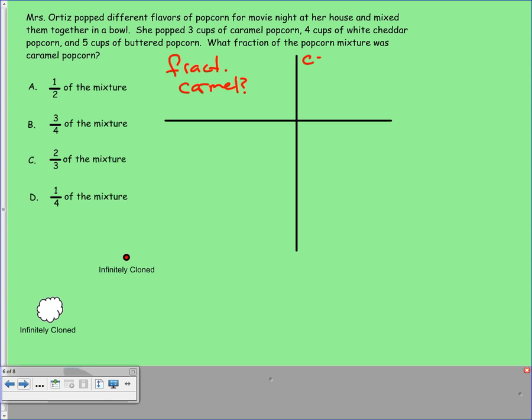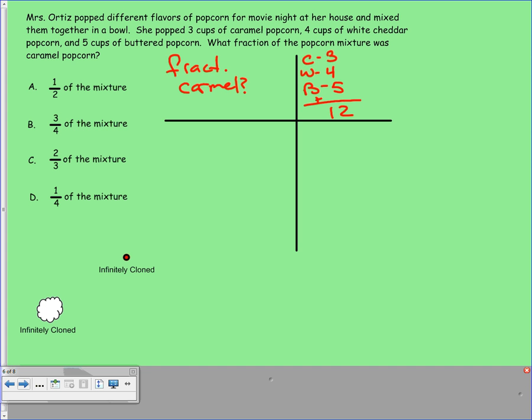So caramel was 3 cups. White cheddar was 4 cups. And buttered was 5 cups. So total, let's see, that would be 9, 10, 11, 12 cups of popcorn.